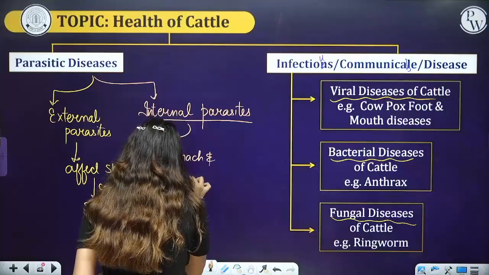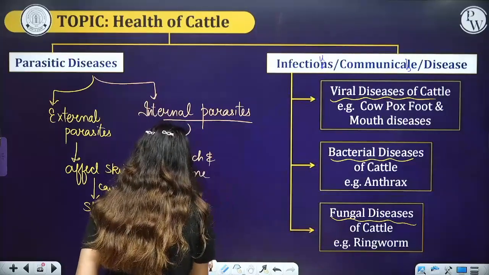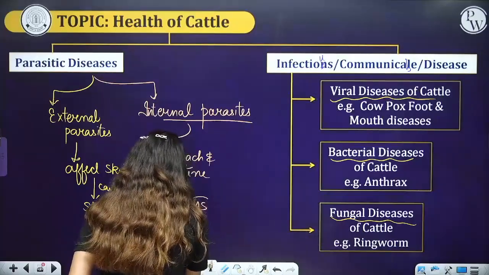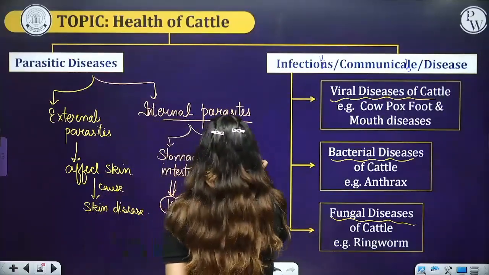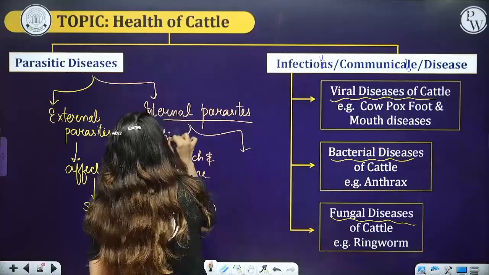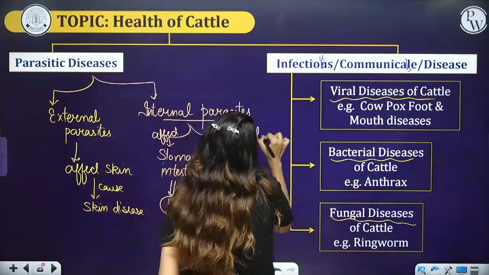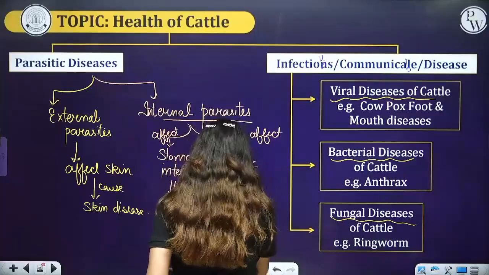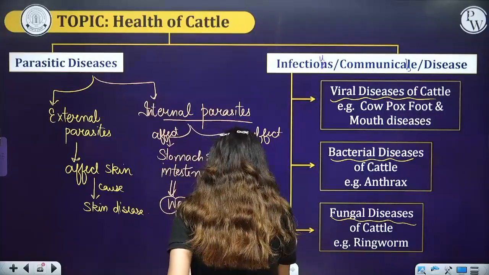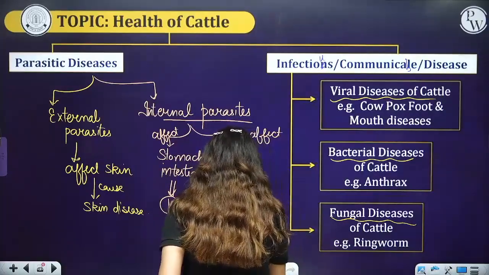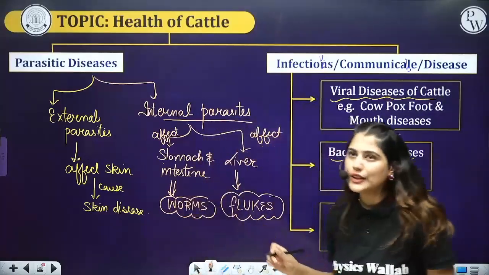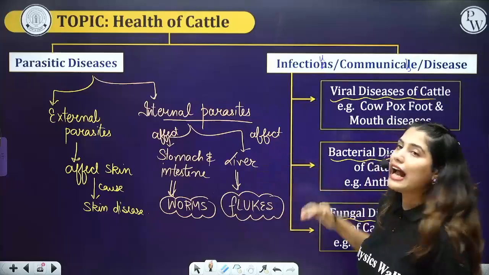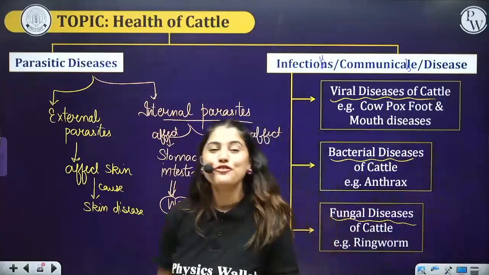If they enter your stomach and intestine, such parasites are called worms. And if they affect your liver, then we call them flukes, right? Two types of parasite, the external one, the internal one. Internal also either the stomach or the intestine, called worms, and if they are affecting the liver, they are called flukes.